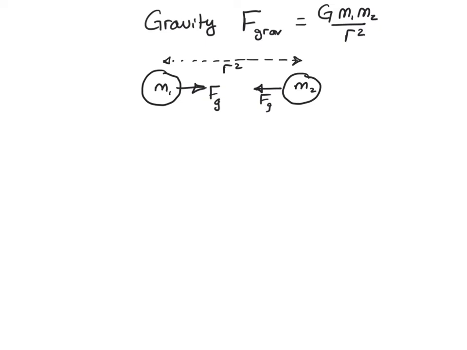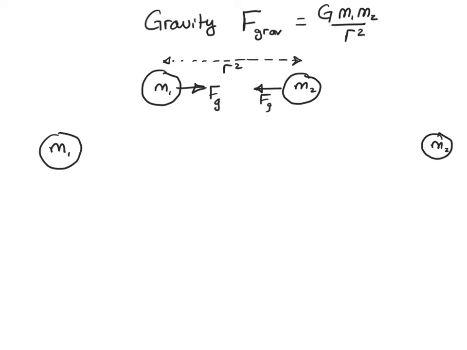So in this case, I have either a direct variation or an inverse variation, depending on whether or not I'm changing the R or if I'm changing the mass. So let's say the mass is going to stay the same, but I'll draw a new picture and I'm going to move them so they're 3 times farther apart. Here's mass number 1.